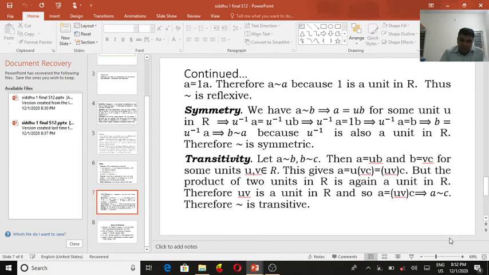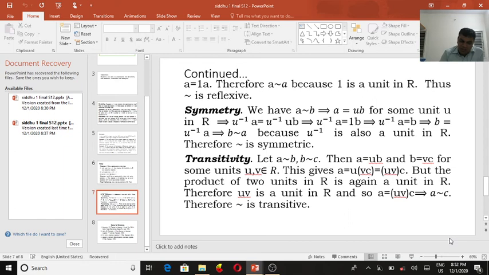Now we come to transitivity: A tilde B and B tilde C. A tilde B means A equals U B. B tilde C means B equals V C, where U and V are units.